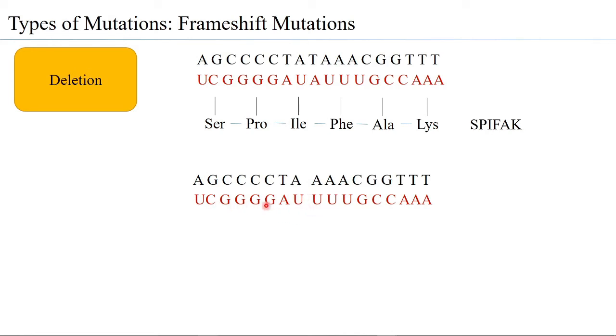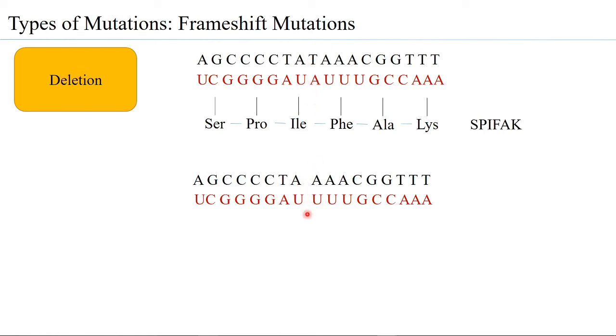Now, if this is one nucleotide smaller, what is going to happen is this is the first codon, which is the same over here. This is the second codon, which is again the same over here. This is the third codon. Here you will find a change where you had AUA because of the presence of the TA.